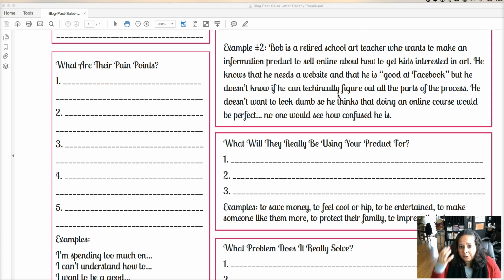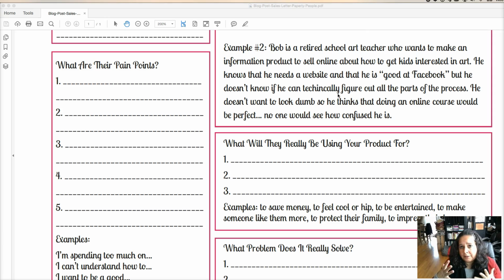So that's where you need to realize that your verbiage and the knowledge that you have can sometimes get in the way, because if you were writing a blog post or a sales letter and you're using terms like information marketing or information product, you could be turning off Bob because he doesn't know what you're talking about. So then he's going to go find somebody who said it even more clearly to him. He knows he needs a website.